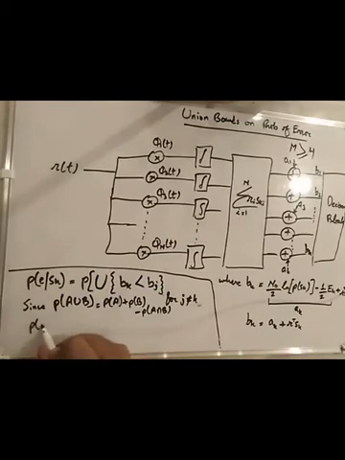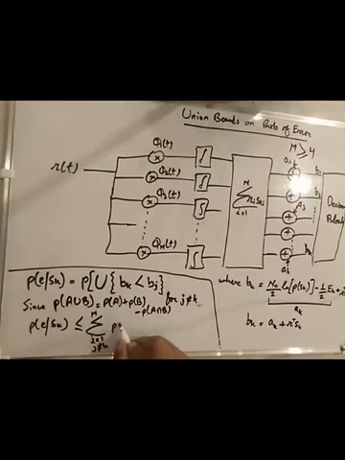We can write it down as probability of error given Sk less than or equivalent to the summation over all the error events from j equals 1 to M, j not equivalent to k, of the probability of Bk less than Bj given signal class Sk sent, right?